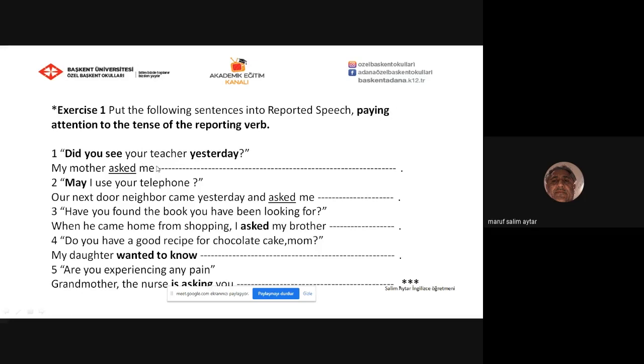My mother asked me if I had seen, because the reporting verb is past. This past form should be transformed into past perfect. My mother asked me if I had seen my teacher the day before.